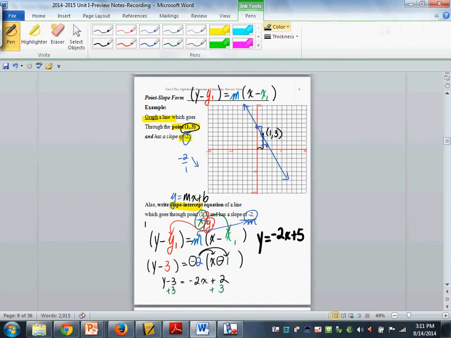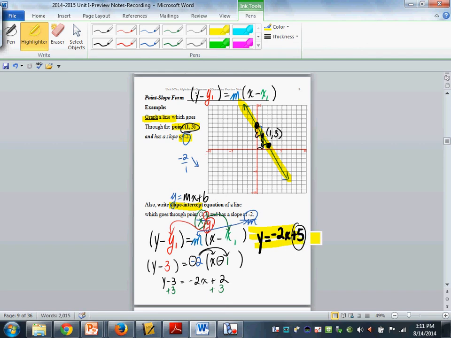So your intercept is going to be +5, which we have. Now let's count on our slope. Down 2, over 1, down 2, over 1. Lo and behold, it's the same line. So there is our line, and there is our equation.